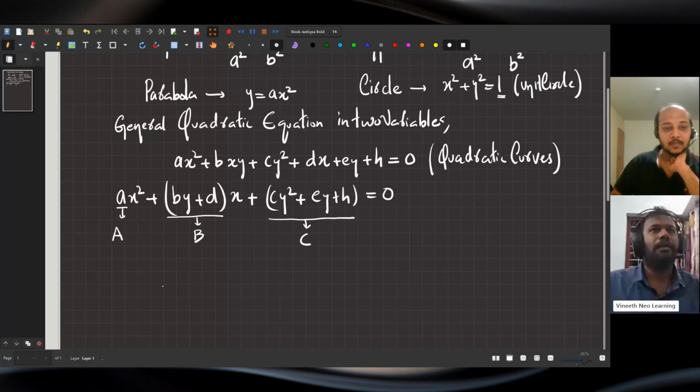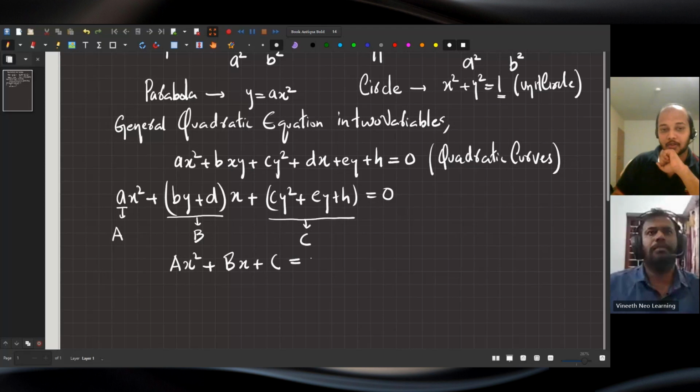So what will be the equation? Capital A times x squared plus capital B times x plus capital C equals 0.